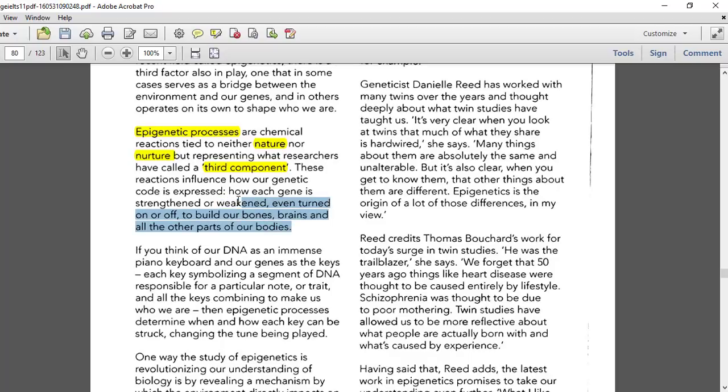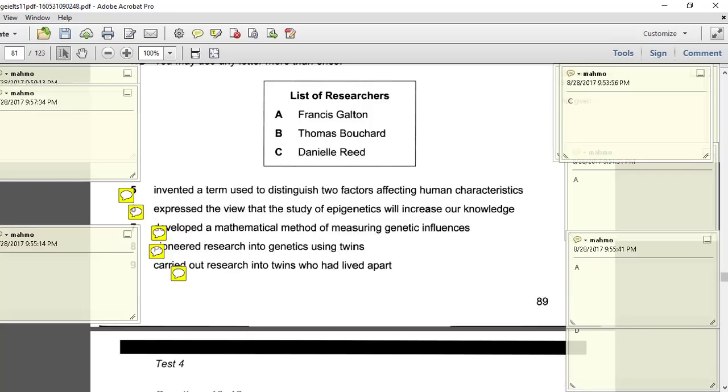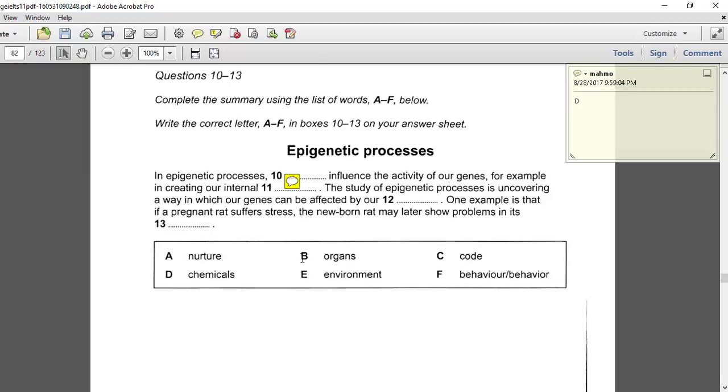So the internal means the parts of the body. It says here bones, brains, and all other parts of the body. So it must be organs. Yes, organs. This is the closest thing.